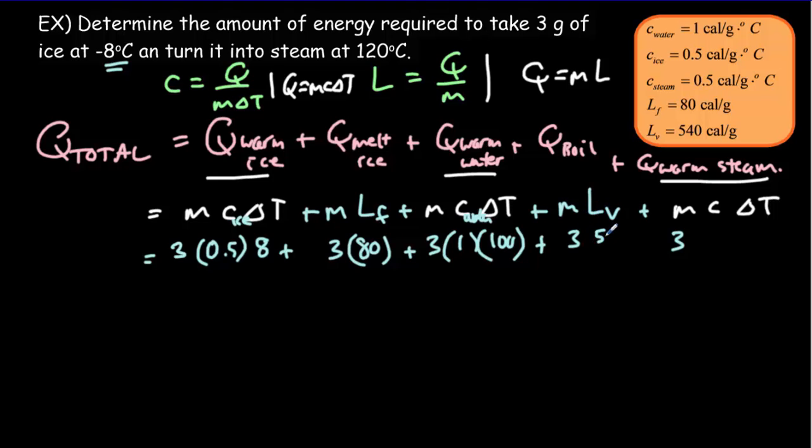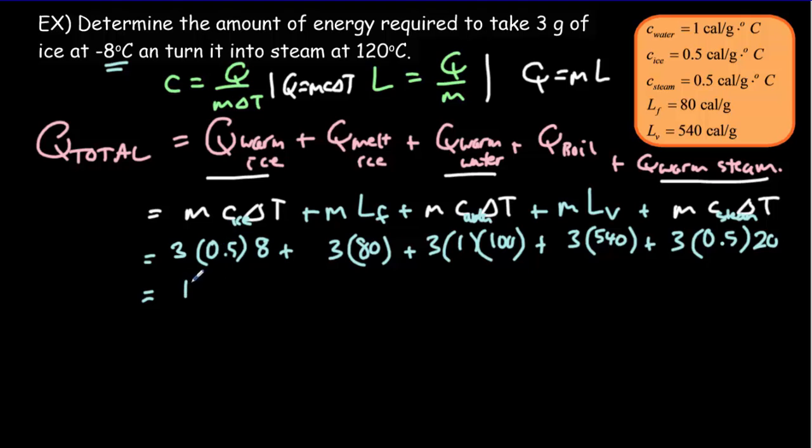It takes 540 calories per gram to boil water. And then finally, we're going to warm the steam. Turns out steam has the same, or very close to being the same, specific heat capacity as ice, at 0.5. And this time we've got to raise the temperature from 100 to 120, so that's a 20 degree increase in temperature. So these are all energy terms.